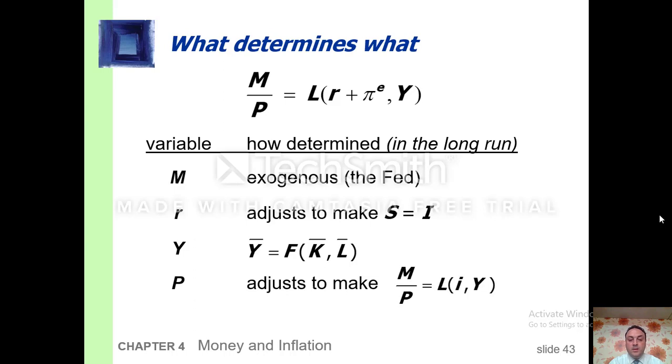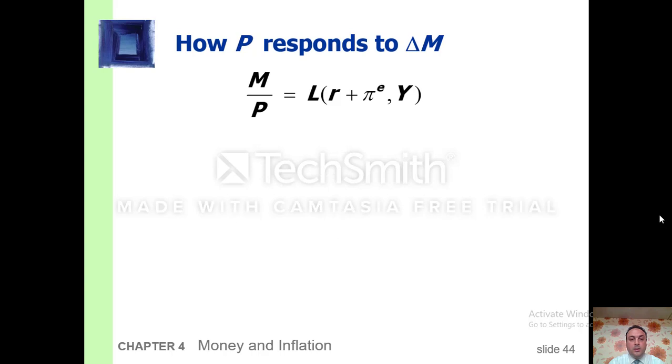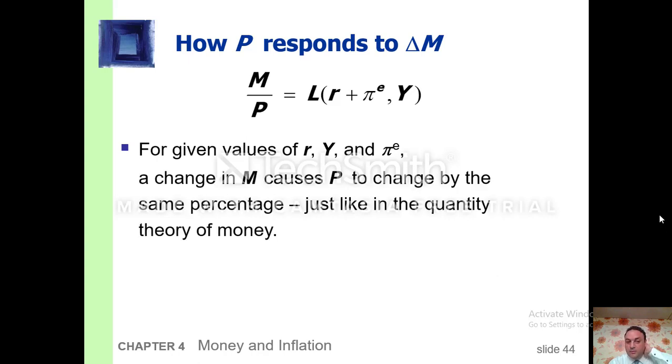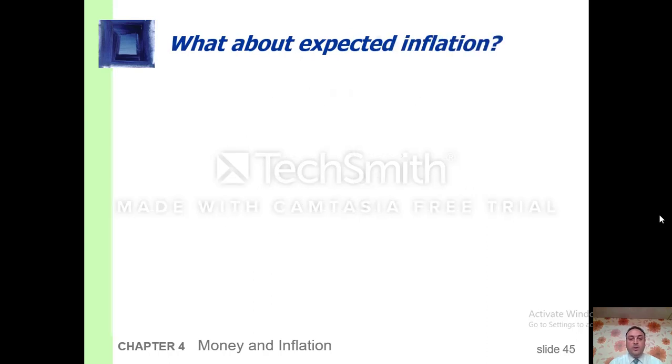And prices adjust to make real money balances equal money demand, for given values of the real interest rate, output and expected inflation. We can see how prices respond to a change in the money supply. A change in the money supply causes prices to change by the same percentage, just like in the quantity theory of money, according to this function.